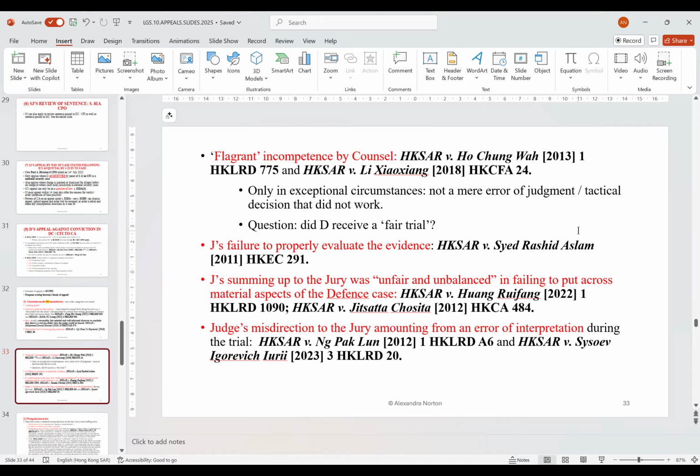So, for example, in the Huang Roifang case, which you should be familiar with, this is the case that we looked at in LGS 8, where we looked at the revised tariffs for sentencing in heroin and cocaine. So, a very important case to read. In this case, the defendant's defense was that she was not a drug trafficker.